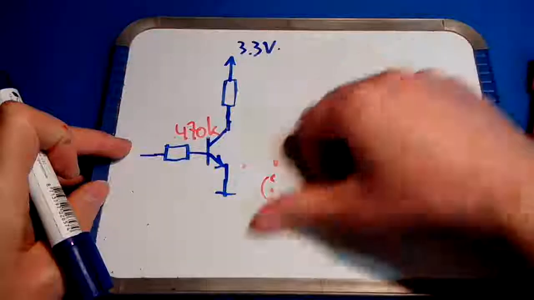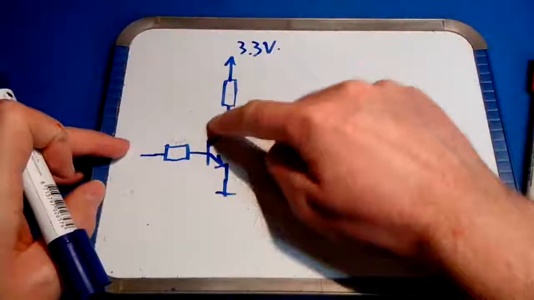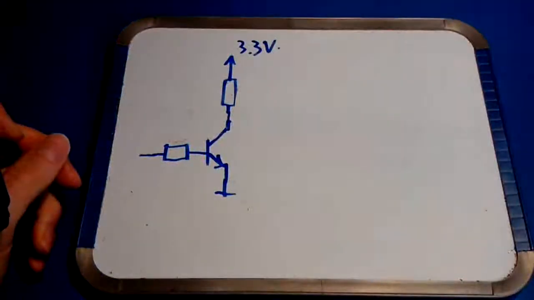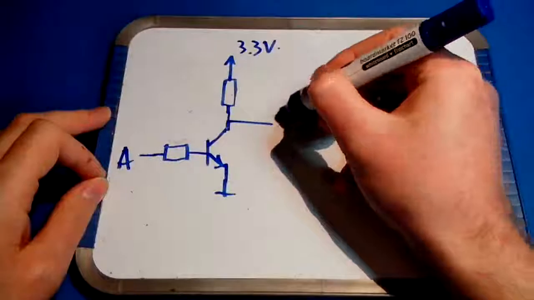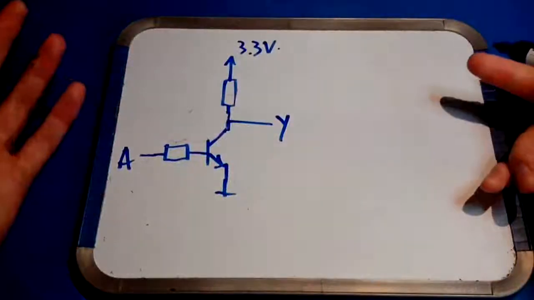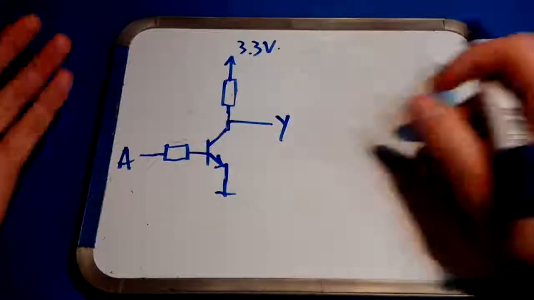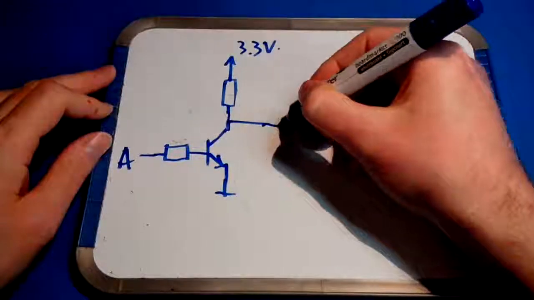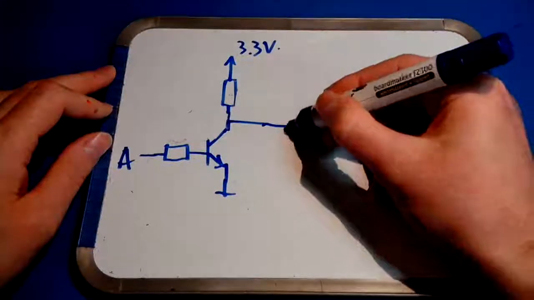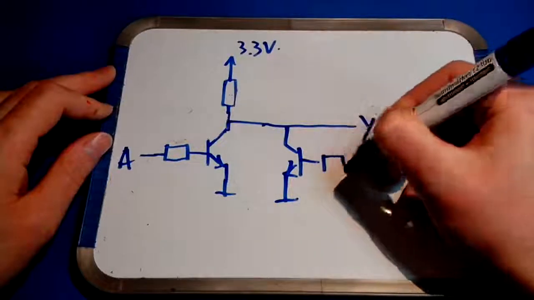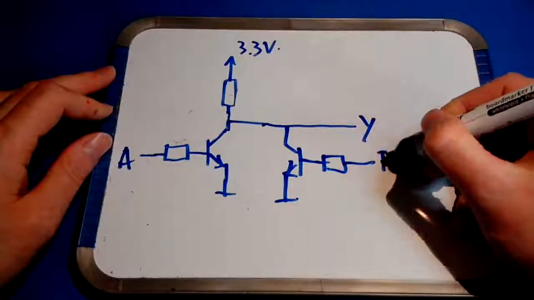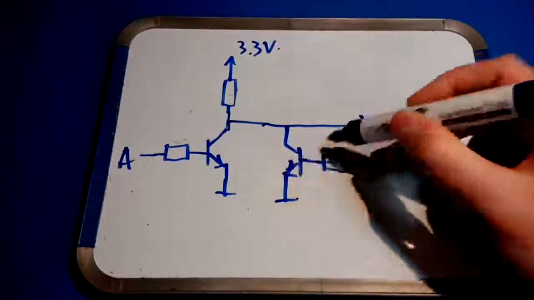Now, this is an inverter, as we just saw, with an input A and an output Y. You can extend it very easily by adding another transistor like that, and what you're essentially doing is adding another input B, another NPN transistor of the same kind.